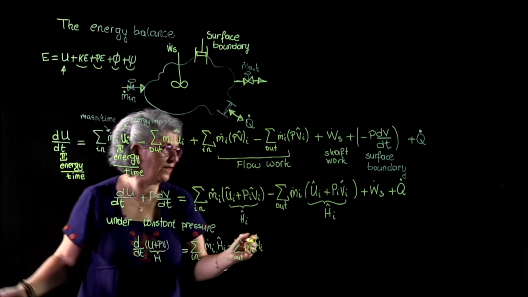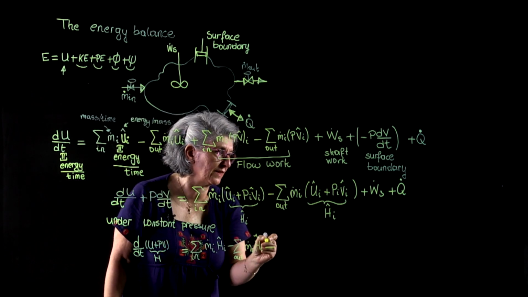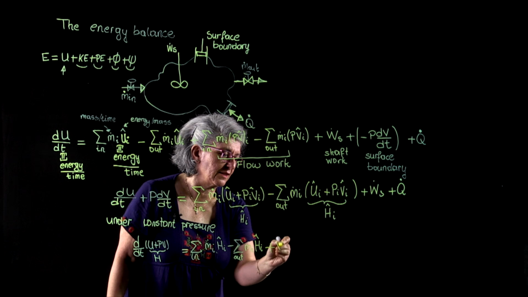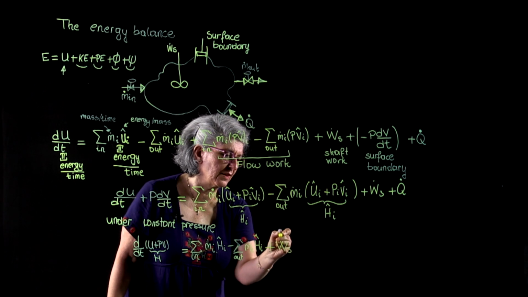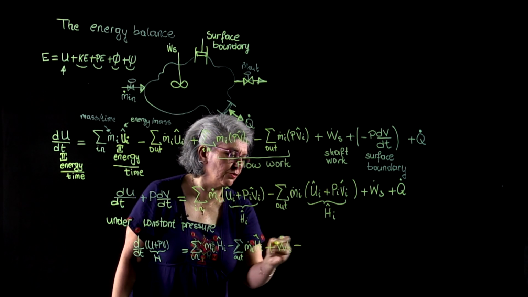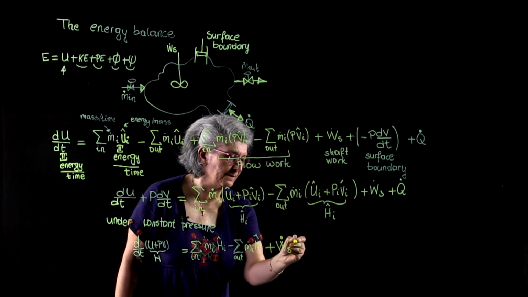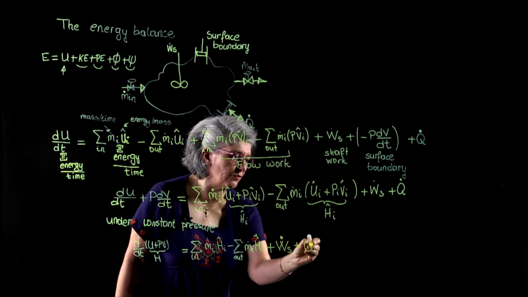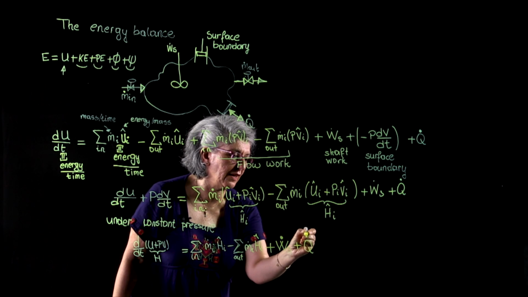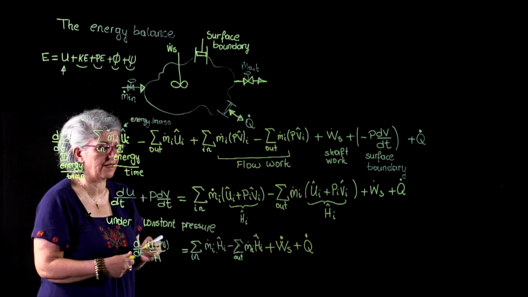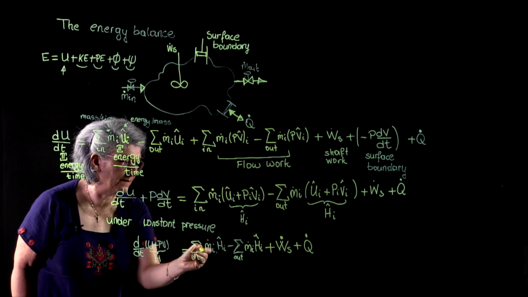They're different streams. They may have the same index, but they're different streams. Shaft work. The work that we need to do to turn the impeller of your dishwasher. You need electricity. You have to do work. You have to take that into consideration. All right?